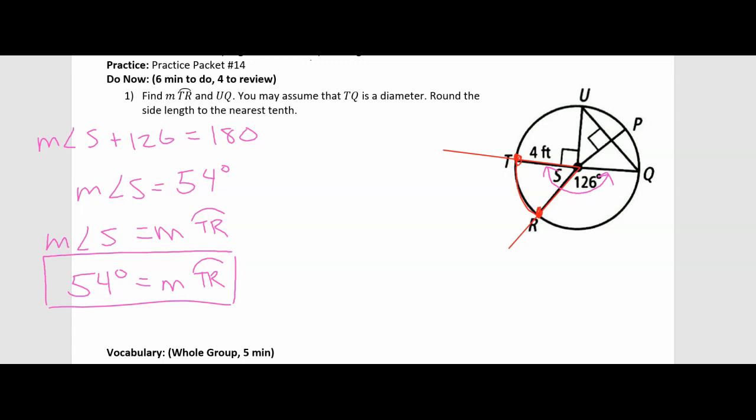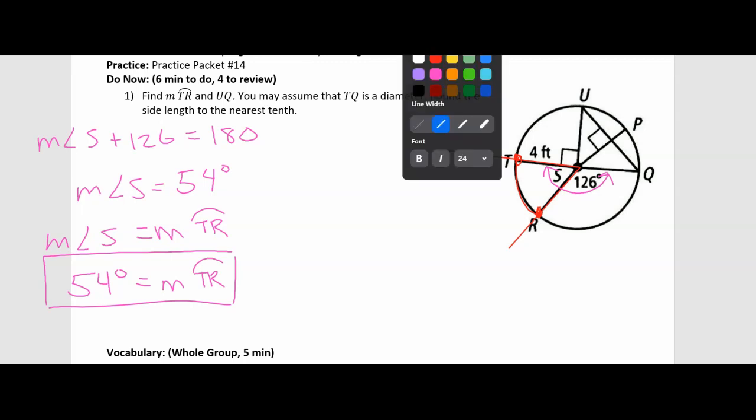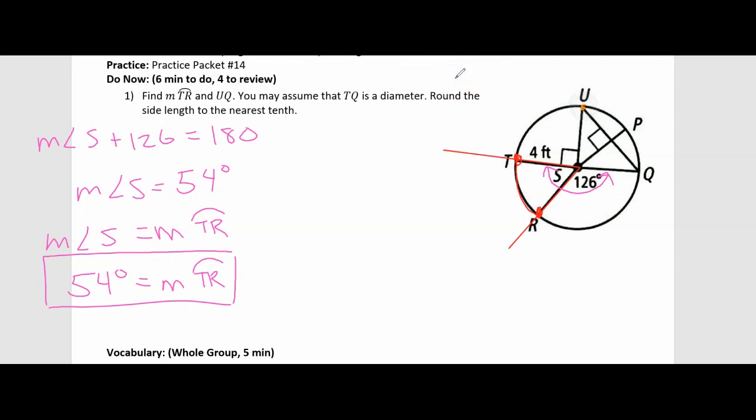So arc, very easy. Segment UQ, a little bit more difficult. I'm looking for this orange segment right here. A couple things I know. I know that this angle right here has to be a right angle, because we know that both of these together should be 180 degrees.